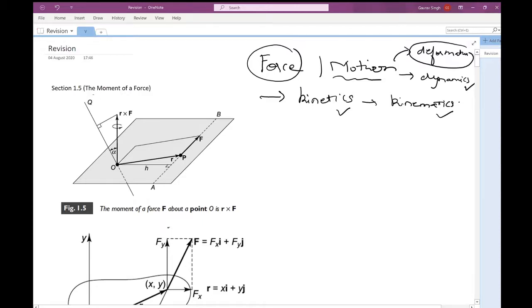Okay, so what does the word deformation mean? How do you quantify deformation and things like that? Okay, so the important part is that there is always a connection between deformation and force, and that is the crux of this particular course.